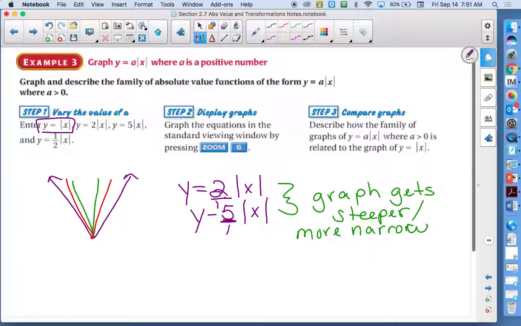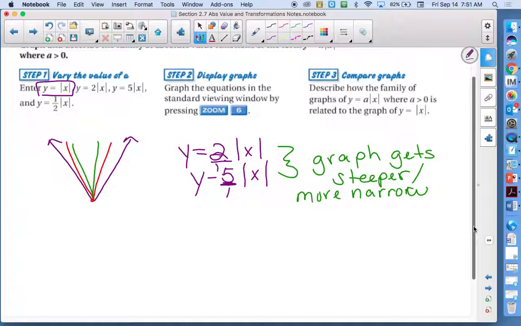A number bigger than 1 in front of this absolute value represents the steepness of the slope. And because that's rise over run, our graph is getting steeper. So looking at the other equation they gave us, it was 1/2 the absolute value of x. So what do you think happened if that would be a 1/2 absolute value of x?